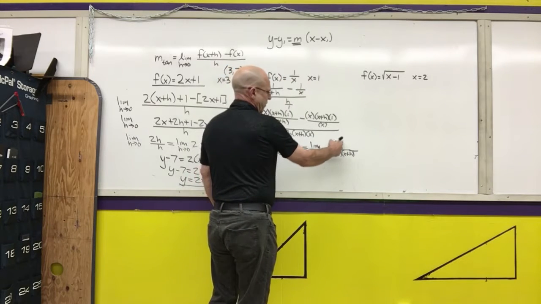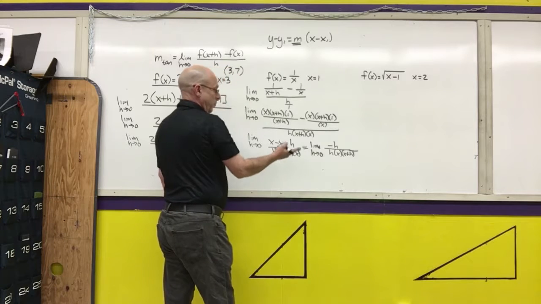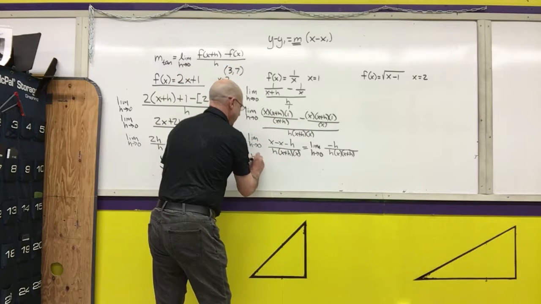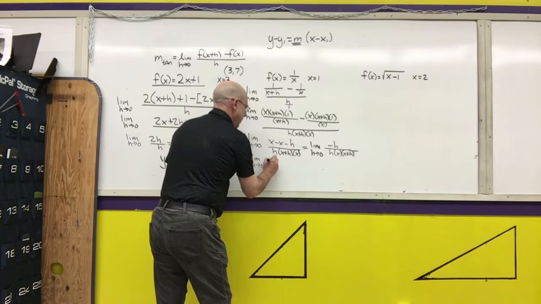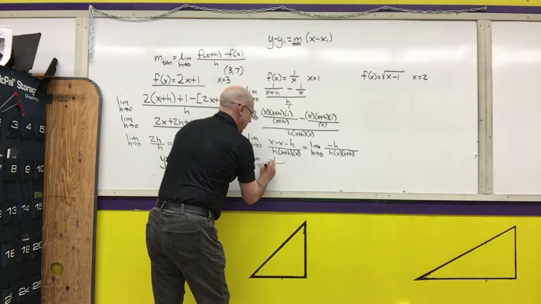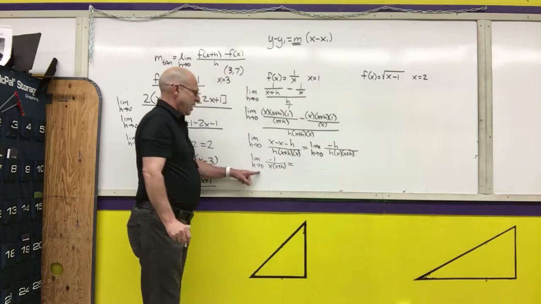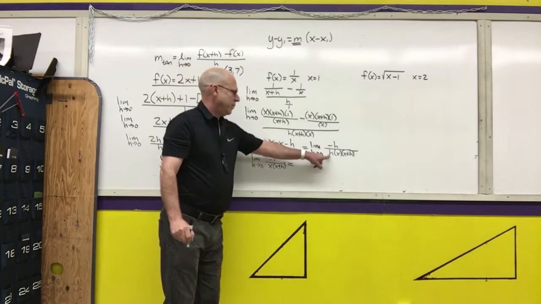Next, I see that I can factor an h out of the numerator and denominator, so divide both the numerator and denominator by h. So it gives me the limit as h approaches 0 of negative 1 over x times x plus h. This is now the first step that I can actually let h go to 0, not end up dividing by 0.